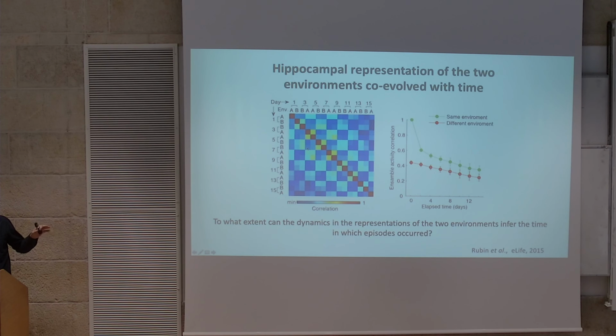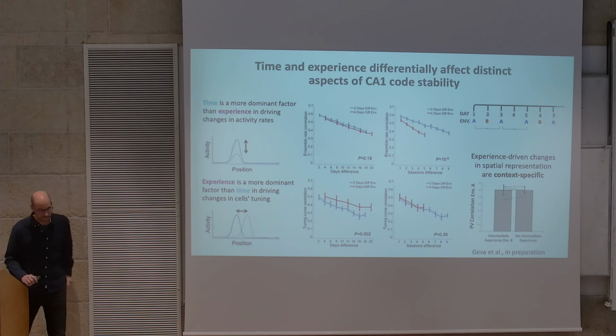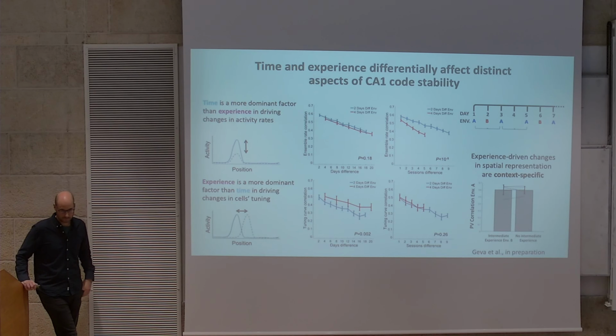If you look at changes in tuning, there is also some change in tuning. So if the place field is stable, except that some neurons stop firing, is that what you mean? Neurons that fire at the same position are the same place cells, except that some neurons don't fire. This will be the picture until now.